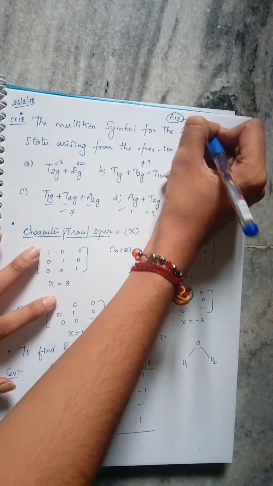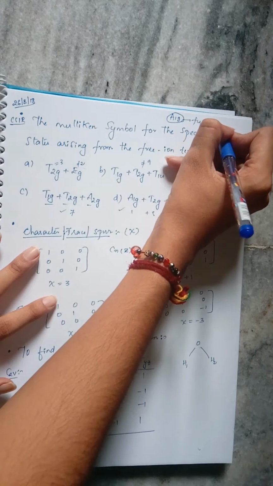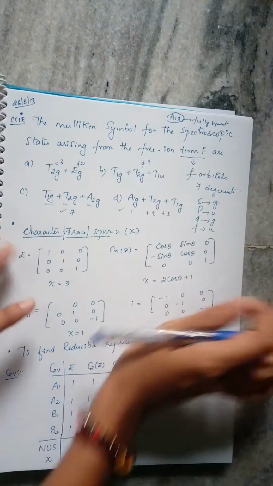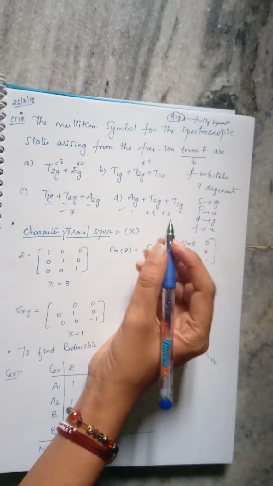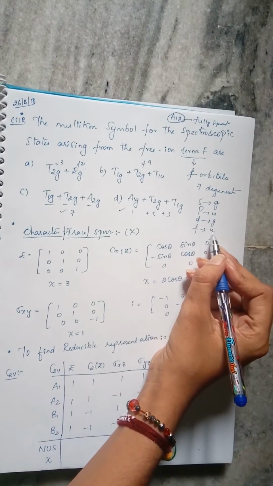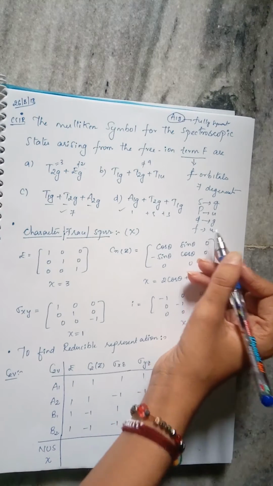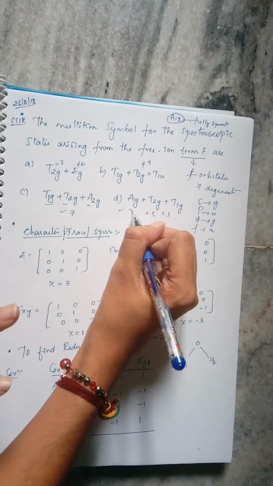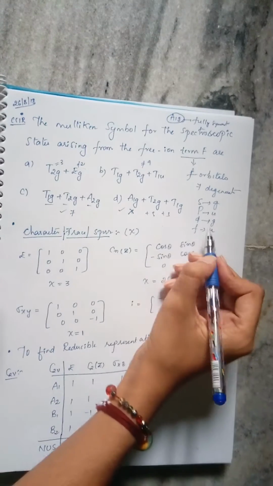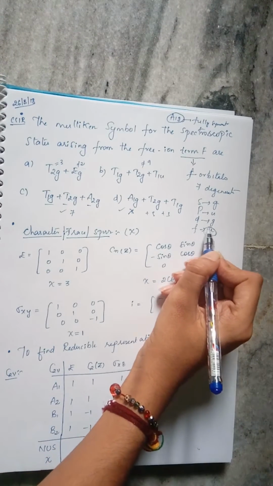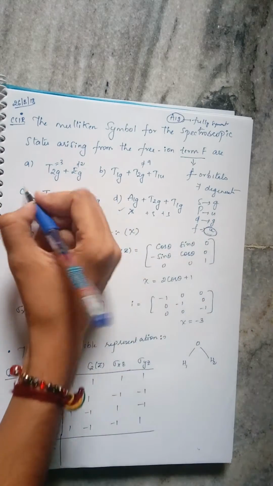The most symmetric state is A1g. But for F orbital you are getting ungerade. It means there is some unsymmetry in it. So D also cannot be your answer because the F orbital has some ungerade property in it.